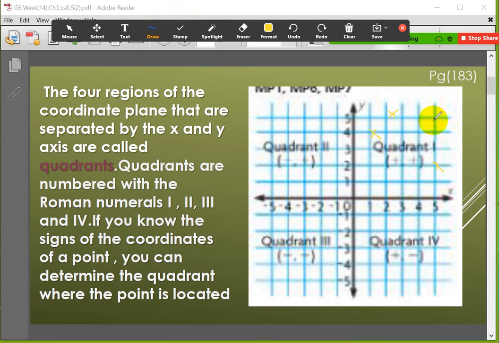So the sign for quadrant 1 is positive, positive. If you see any point with positive x and positive y, you know that this point will be in the first quadrant.